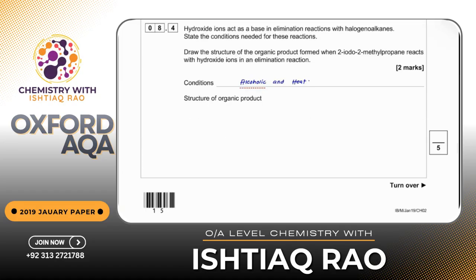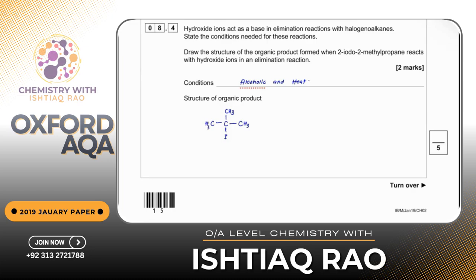Then the structure of the organic product. 2-iodo-2-methylpropane.